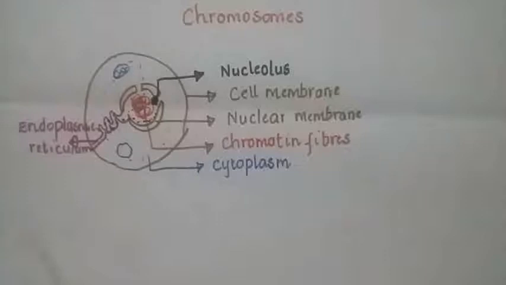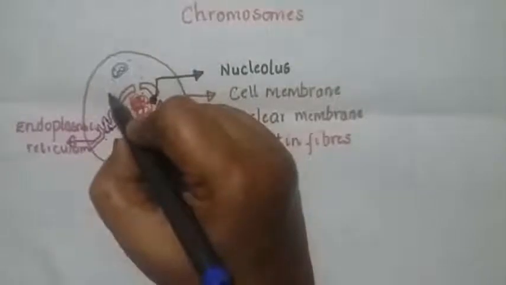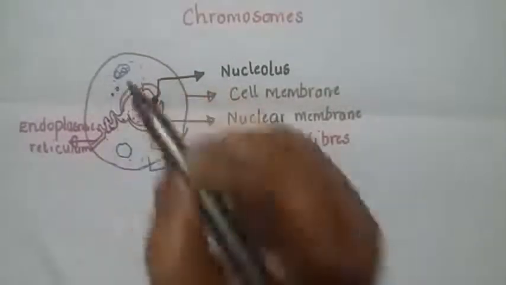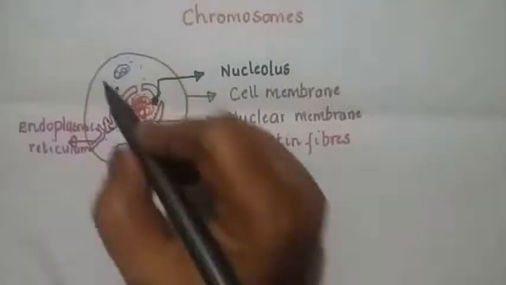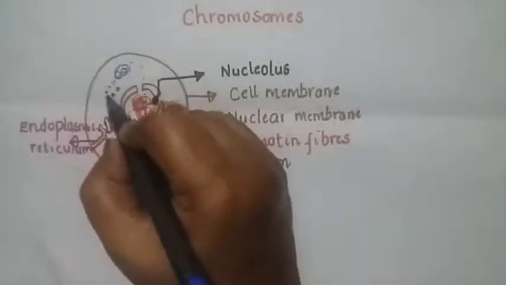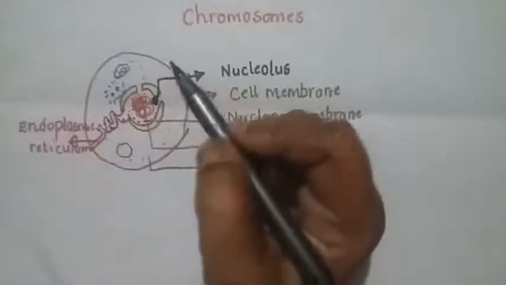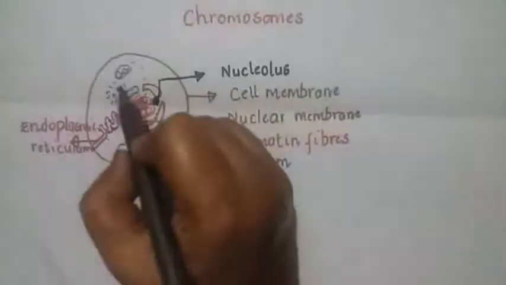Fine, children. When you look at the nucleus, very close to the nucleus we find one more cell organelle, that is the centrosome. So what is the location of a centrosome?